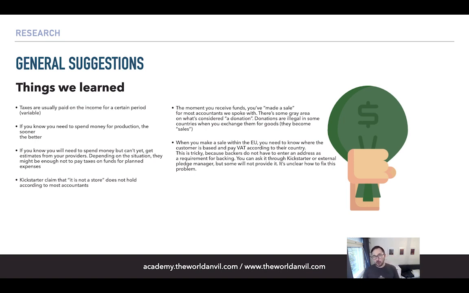Now, I do not know if that person added the funds to get the extra book or to get the dice. What's the problem? That the VAT on the book and the VAT on the dice is different. And it is different according to the country where this person is located, which I do not know because that person has not confirmed their address yet. So you can see how this gets complicated very quickly.